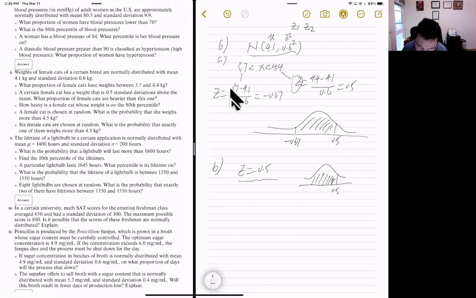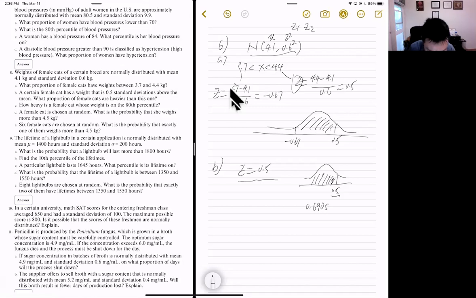From table 8.2 we found the area corresponding to the z value of 0.5 is 0.6905.